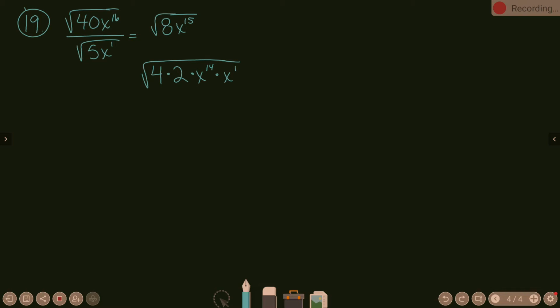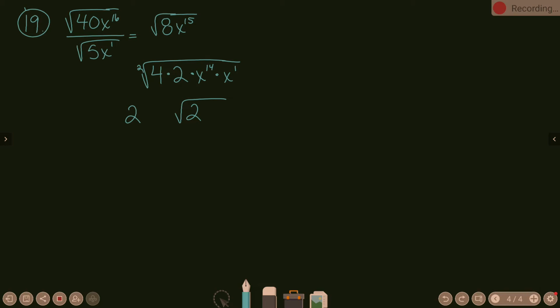The square root of 4 is 2. That's going to go out front. The square root of 2, can't do it, so it's going to stay under the square root. Square root of x to the 14th. How do we do square root of an exponent again?